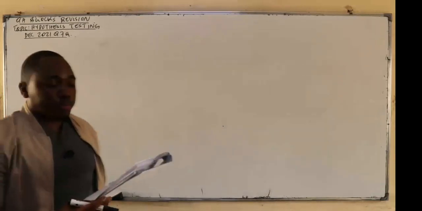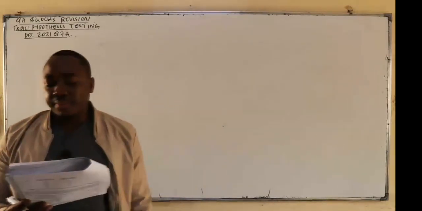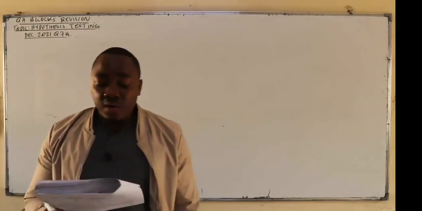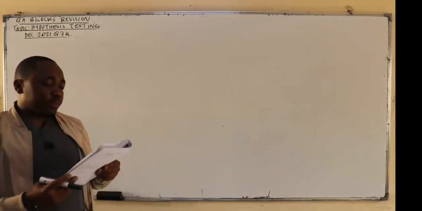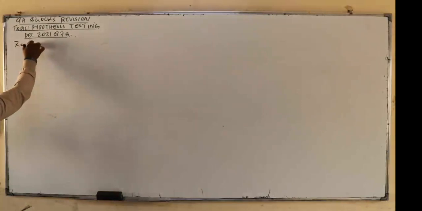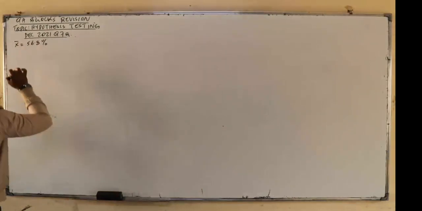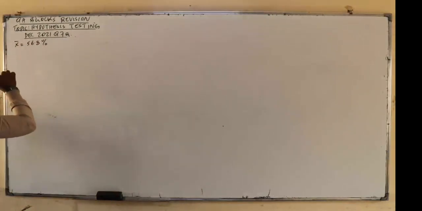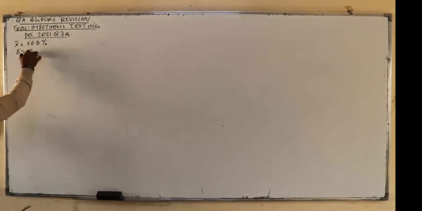A random sample of 15 employees of a call center was taken, and each employee took a competency test. The mean of the score achieved by these employees was 56.3%, with a standard deviation of 7.1, and it was a sample of 15 employees.